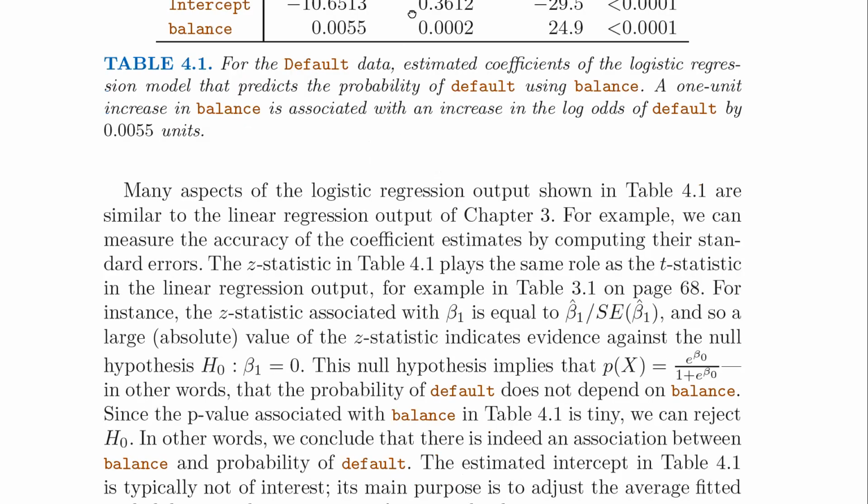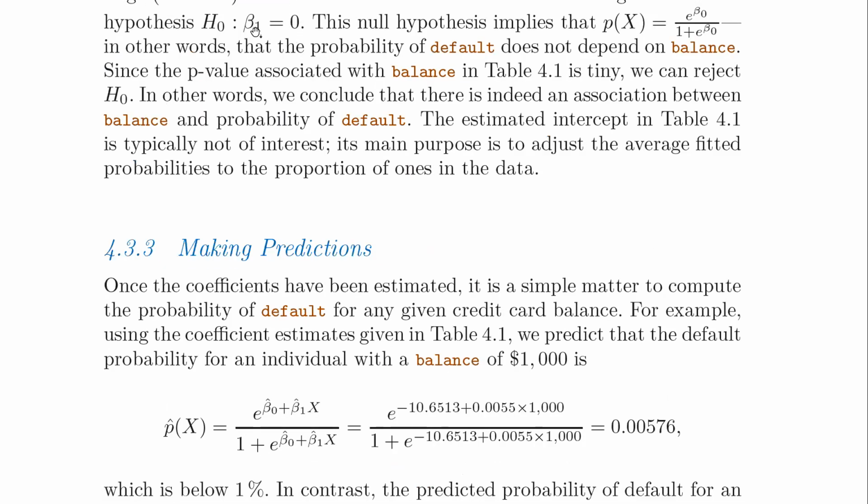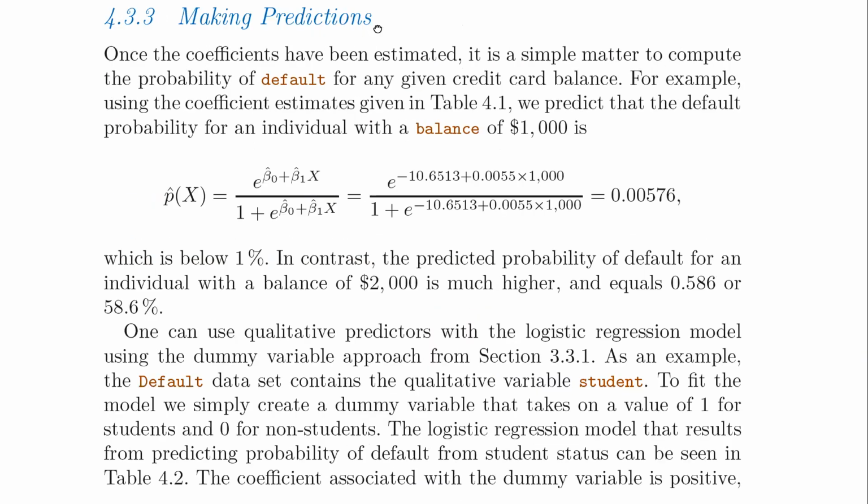H naught being that beta 1 is in fact 0, the true beta 1 is 0. If you don't reject H naught, we are rejecting it in this example, but if you didn't, you would then conclude that the default does not depend on balance.